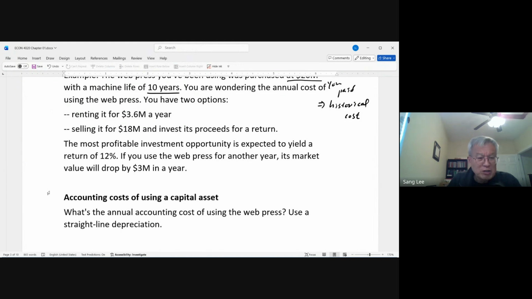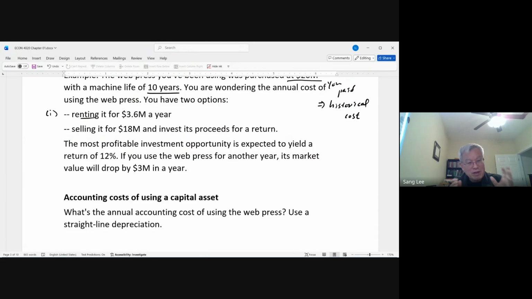So here we assume that you have two options. First option is you can rent it out for $3.6 million a year. For example, a more efficient, more advanced web press machine is available, so we're going to stop using the old one and rent it out, and instead buy a new one.